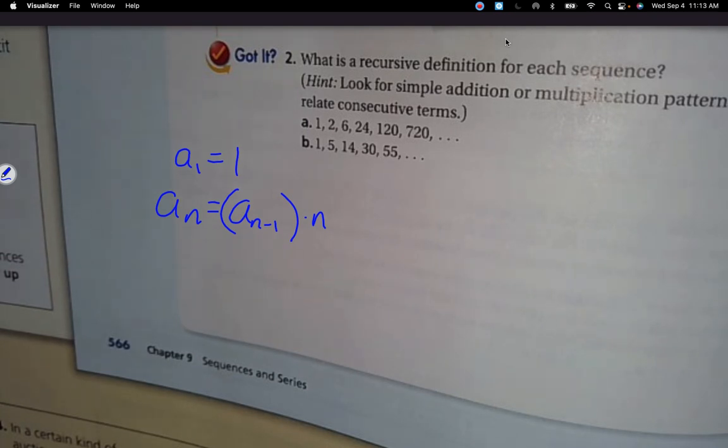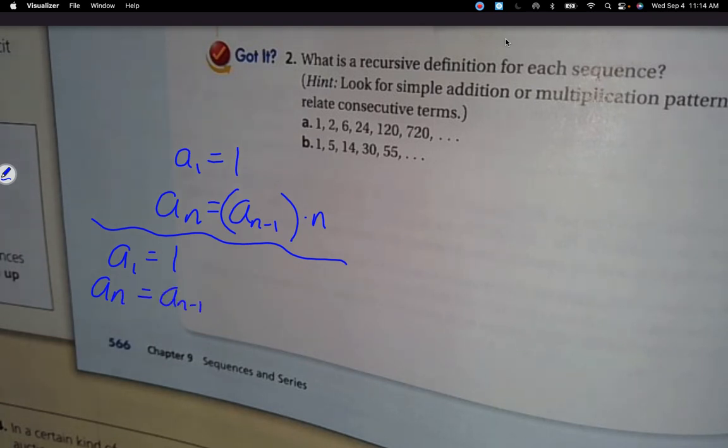The next one. Let's look at B. What's our first term on B? Our first term is 1. And then we take our previous term and let's see. Multiply by 2, plus 4, 14 plus.